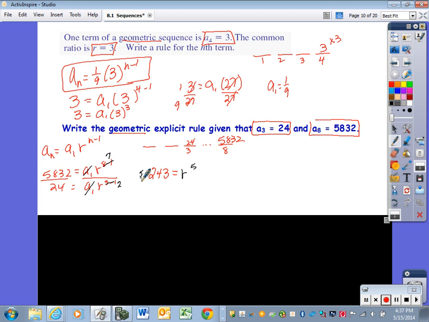So I'm going to have to fifth root. 3 equals r.